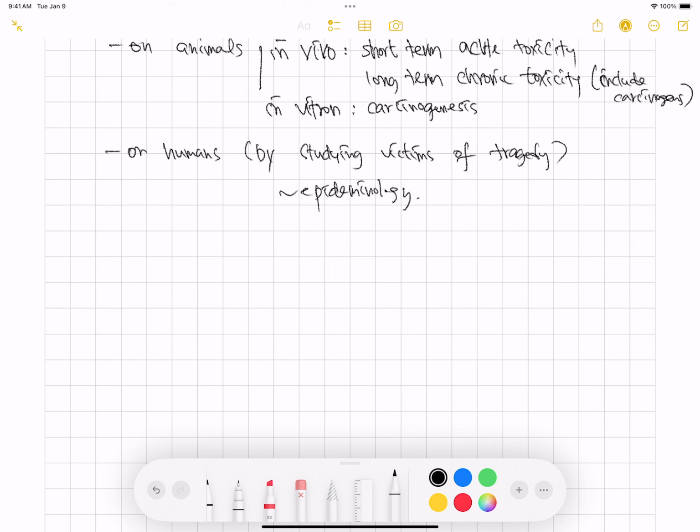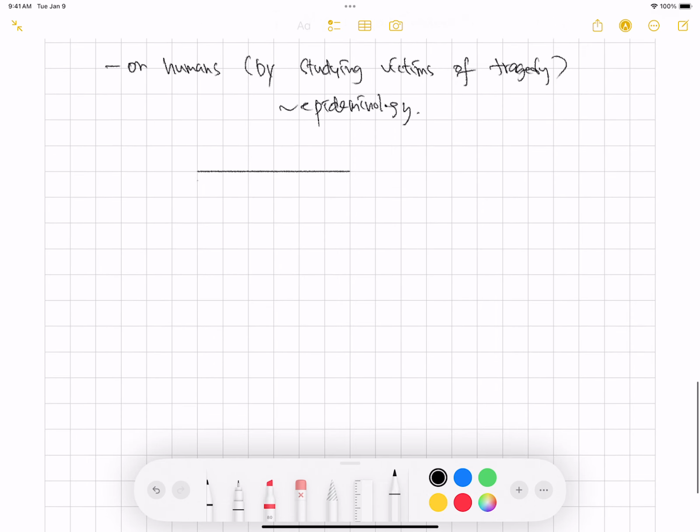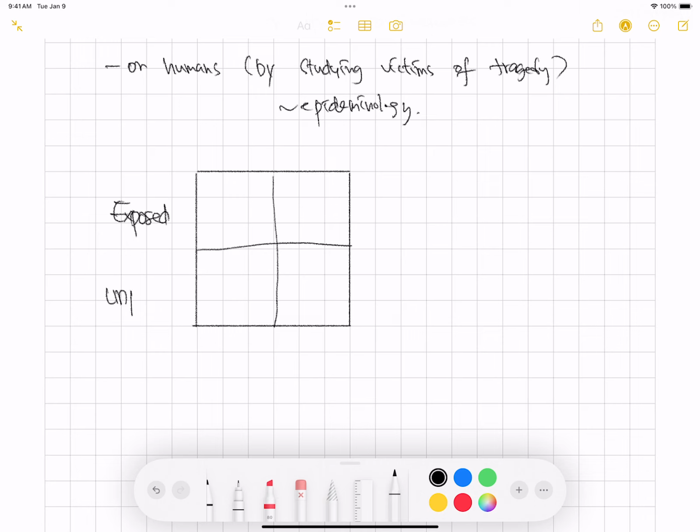The way we do this analysis is that we prepare this table. We first divide the whole population into two groups: an exposed population and an unexposed control population.